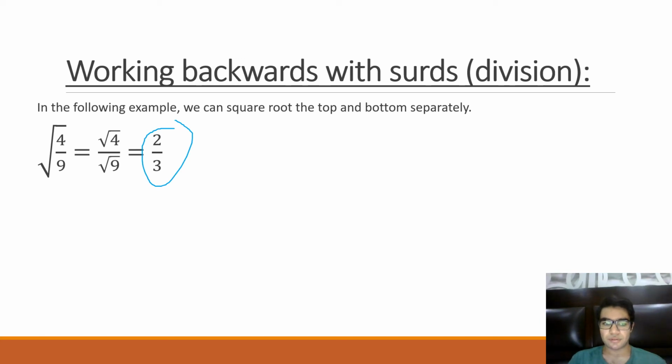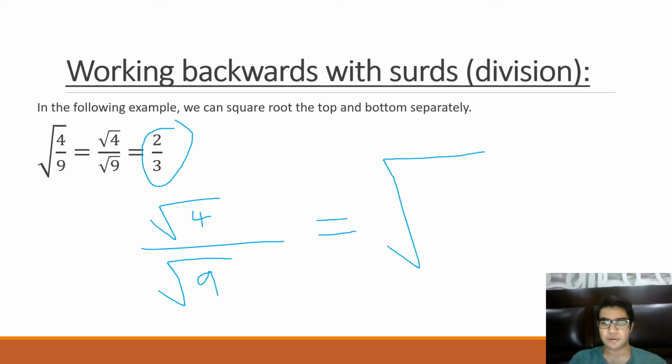Again, in the previous examples, we did something like this: square root of 4 divided by square root of 9, and that would be a big square root with 4 over 9.